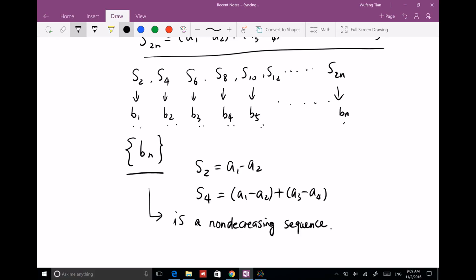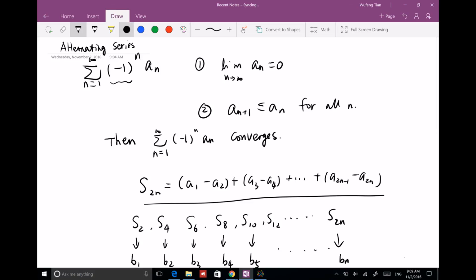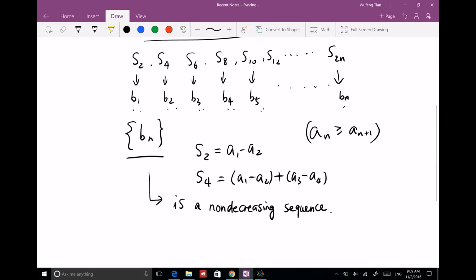Why is b_n a non-decreasing sequence? Because a_n is bigger than or equal to a_(n+1), that's what we assume here. a_n minus a_(n+1) is positive, so you add something positive.